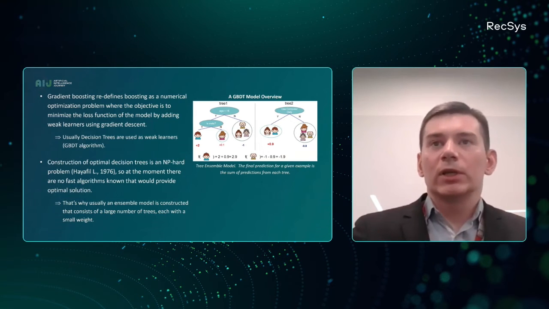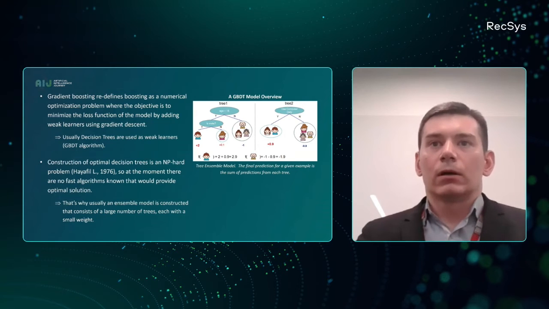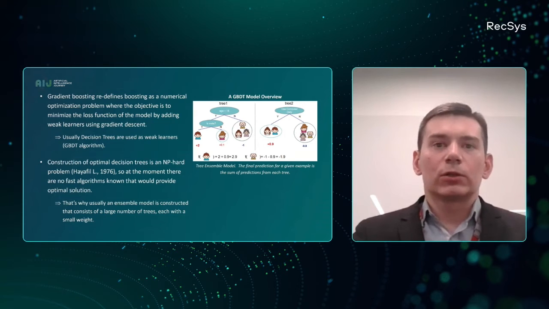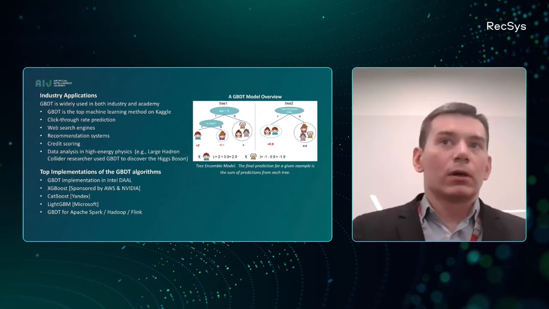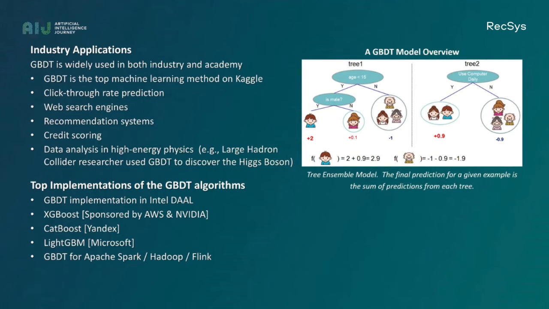We use ensemble models where a large number of trees are learned, and the sum total weight is done through individual tree weights. Gradient boosting is very popular, used in many industries, recommender systems, credit scoring, and also in the Large Hadron Collider. It was also used.